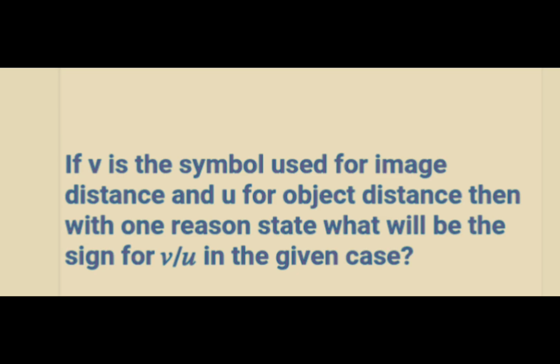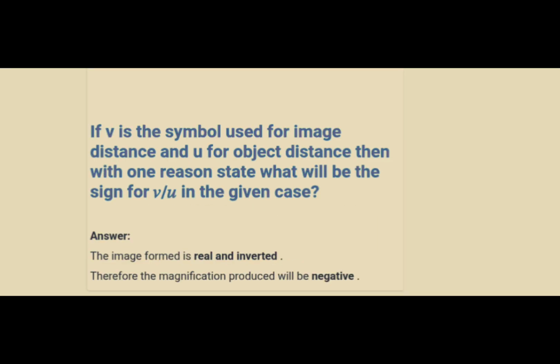This is because the slide is placed to the left of the lens, that means in front of the projector. While drawing ray diagrams, we keep the object on the left side of the lens. And according to Cartesian sign convention, distances measured against the direction of incident light are negative.